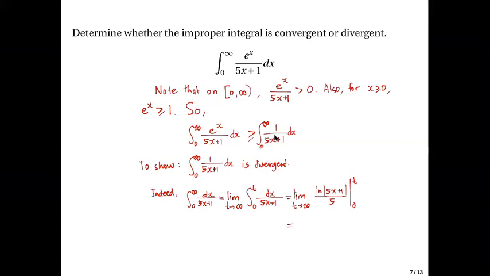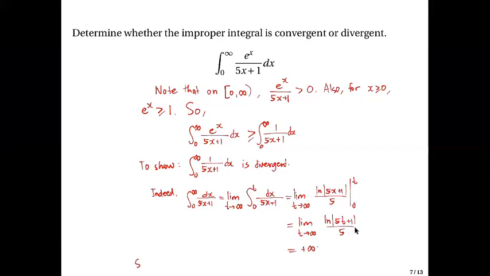And this is just, forgot the limit, the limit as t approaches plus infinity of ln of the absolute value of 5t plus 1, over 5. And at 0, you just get ln of 1, which is equal to 0. And this one now is plus infinity.